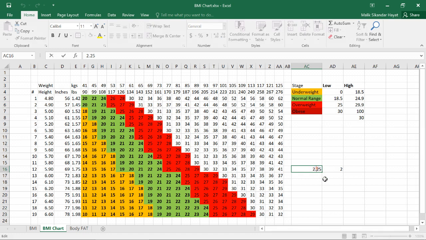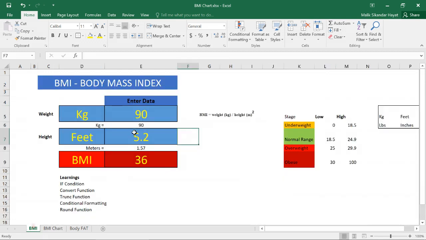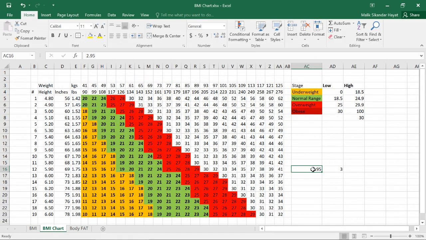Let me put it here 9, right? So I also thought maybe for this conversion where I converted from feet to meters or inches, I should use round, but this will not work because let's say if it is 2.95, it will round it to 3, right?